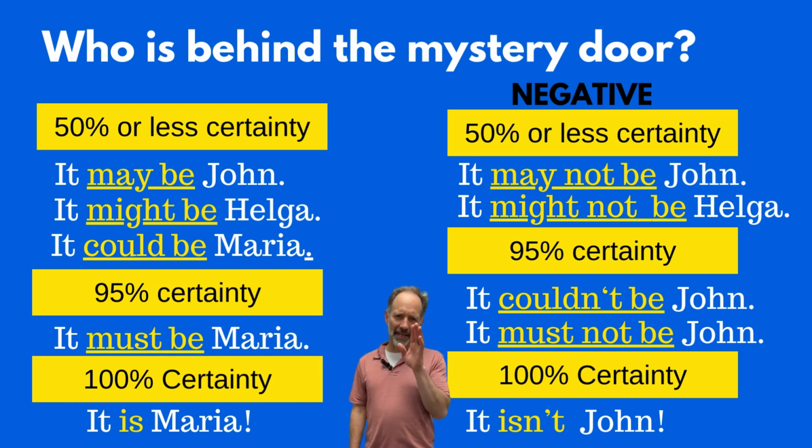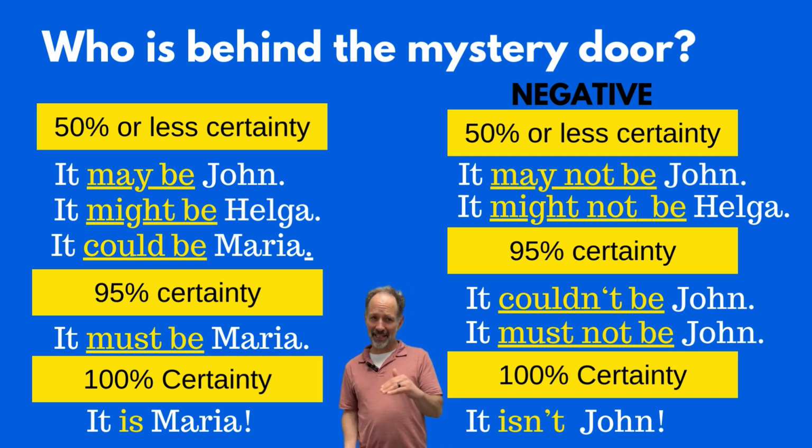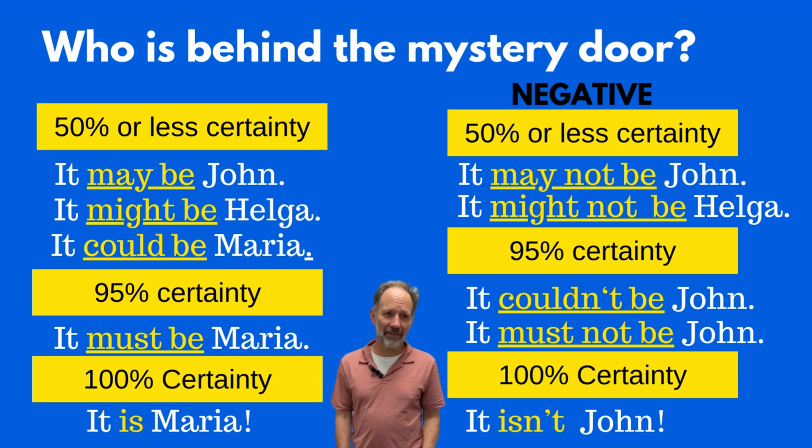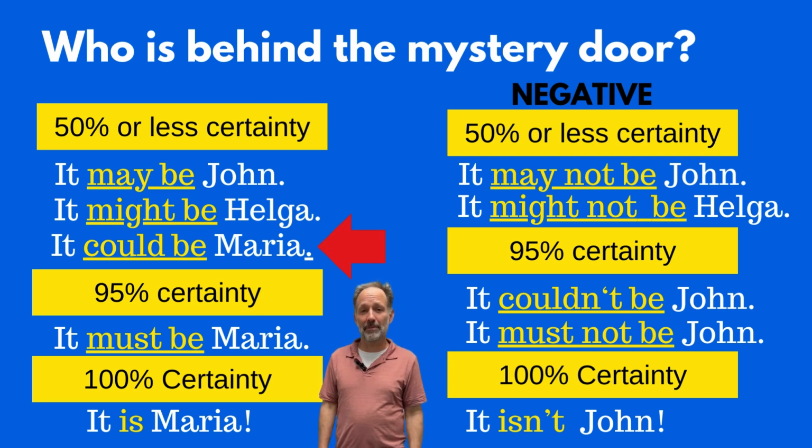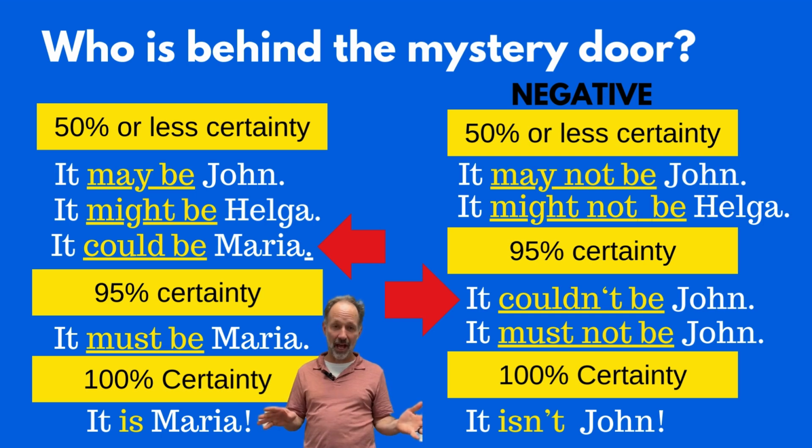When we talk about the negative form for these degrees of certainty, there is one thing I want to point out. If you can see on the left where I have it could be Maria, it's possible, so less than 50%. But then if you look at the negative on the right, you can see it couldn't be John.